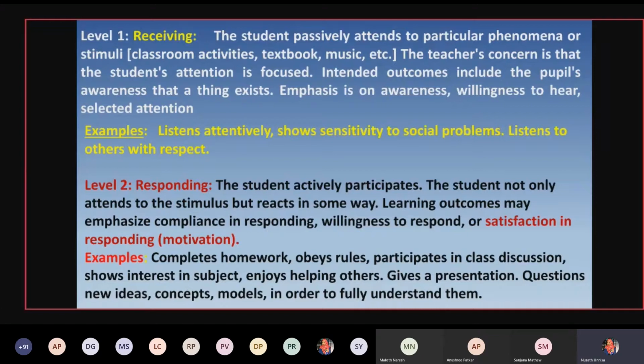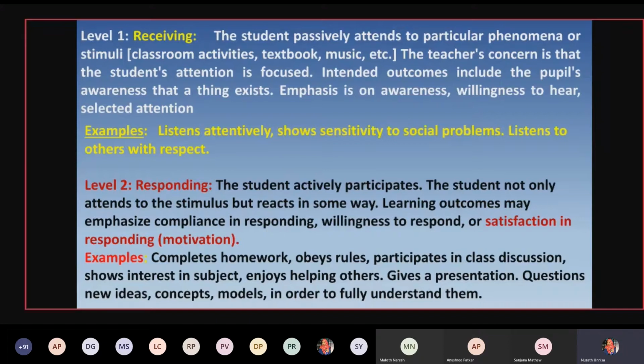The learner should also be willing to hear or receive the knowledge being imparted. In general, just be attentive. If a student is attending a lecture, he or she will automatically be at this level because he or she chose to attend the session.